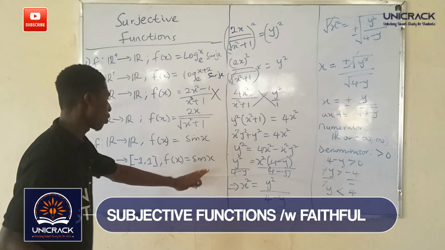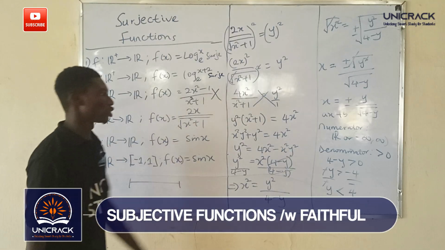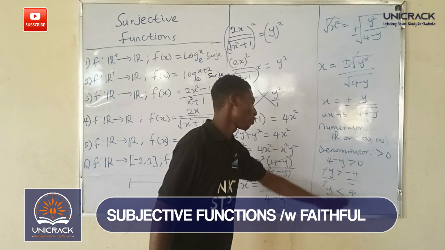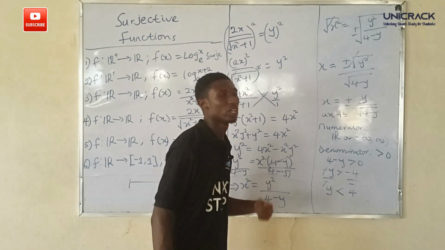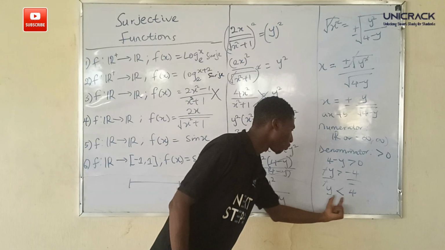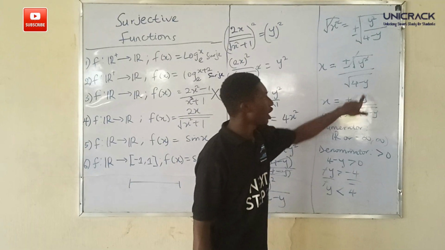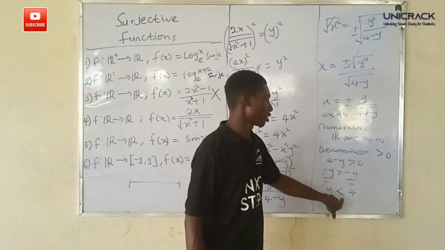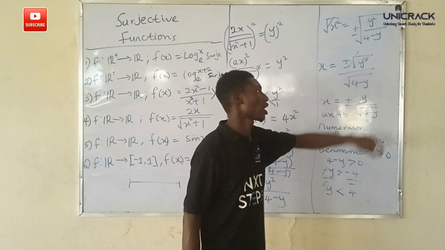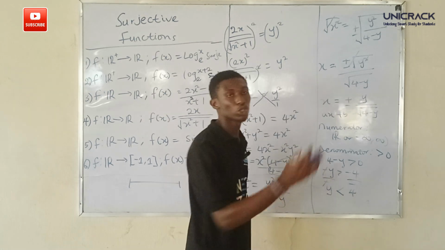Now, since we have this, let's come here and do this. We can go to our number line. Going to our number line, we have this. Now, for this, we have all real numbers. For this, we have y greater than 4. Since they are not the same, the range of the denominator holds more weight. Because if y is greater than 4, let's say we have 4 minus 5, we would have a negative number, and once the denominator is invalid, the whole function becomes invalid.